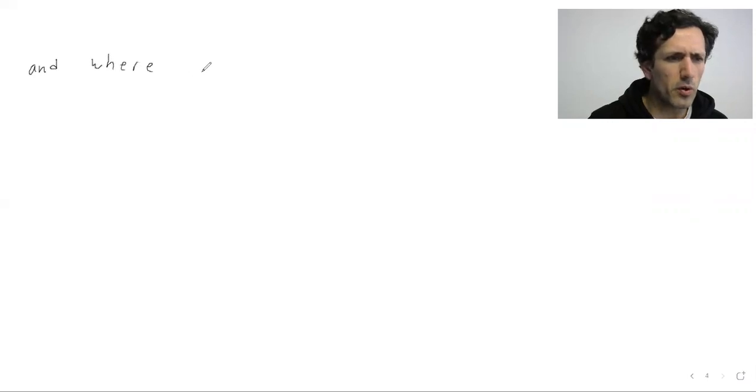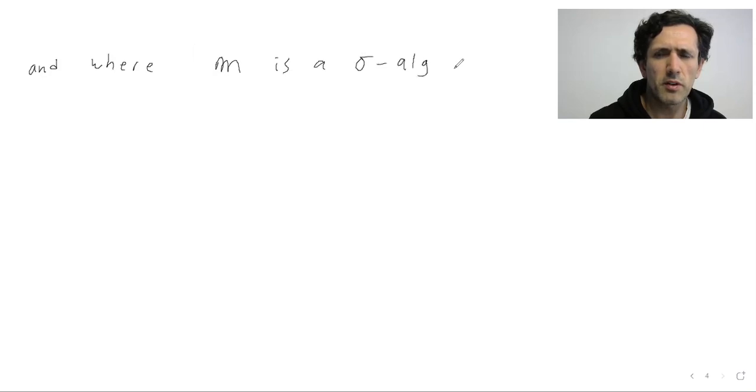So here we're going to find the script M where, first of all, M is a sigma algebra of subsets of the real line. And crucially, it'll turn out that B, the Borel sigma algebra, is a subset of script M.